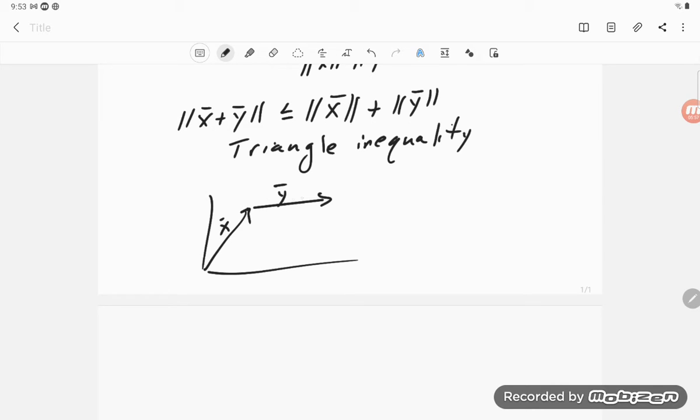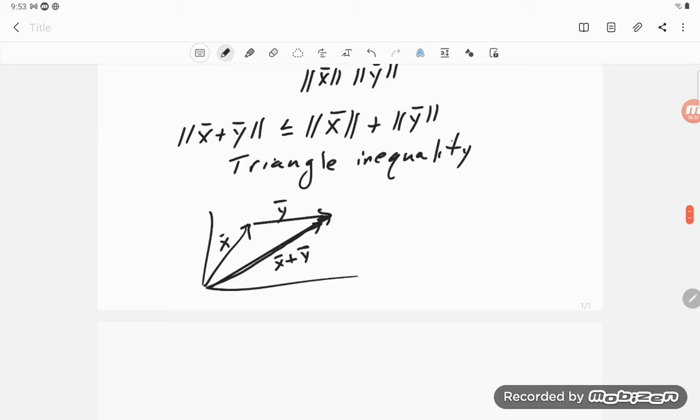And then I add to it the vector y, then this is the vector x plus y. And so really, it's called a triangle inequality because it's saying, hey, if I take any two sides of a triangle, they will add to be bigger than the third side. And so that's what we see here. And so we have this nice triangle inequality.